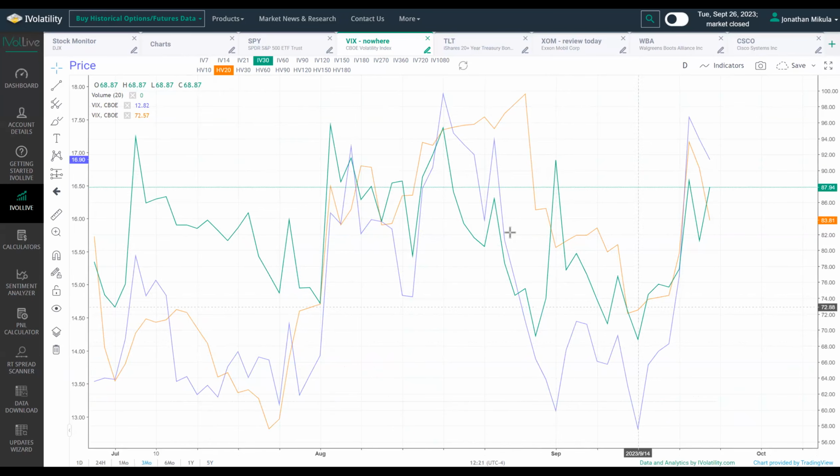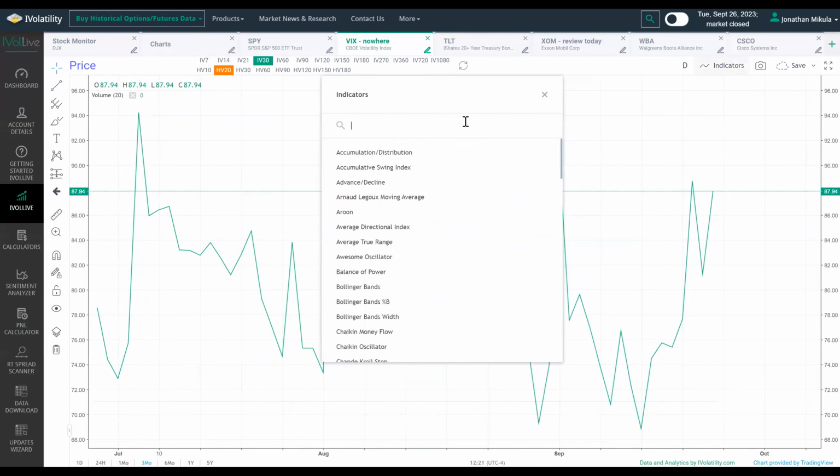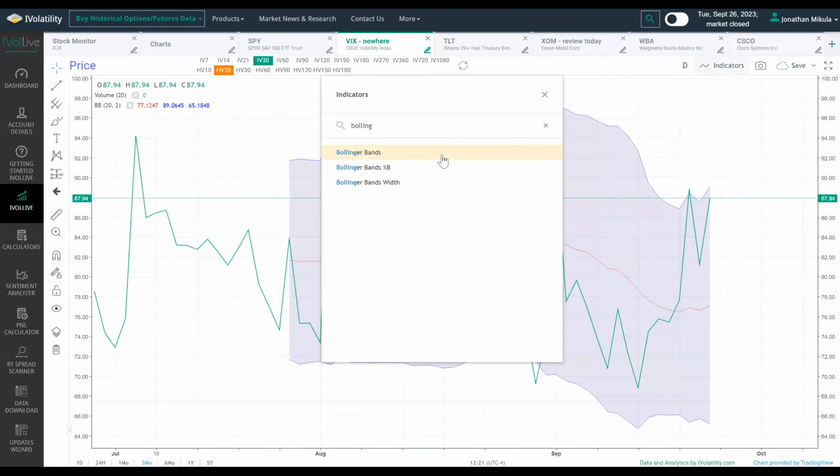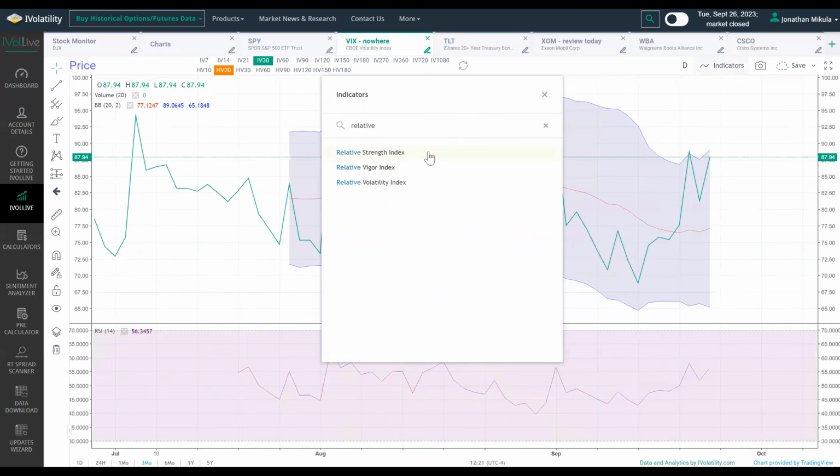The spot price of the VIX, which you can see has bounced recently. And then you're also looking at the underlying volatility. So if we isolate the volatility of the VIX, just like we did with the volatility of the S&P, we can apply the same tools right here, and we could do the relative strength index.